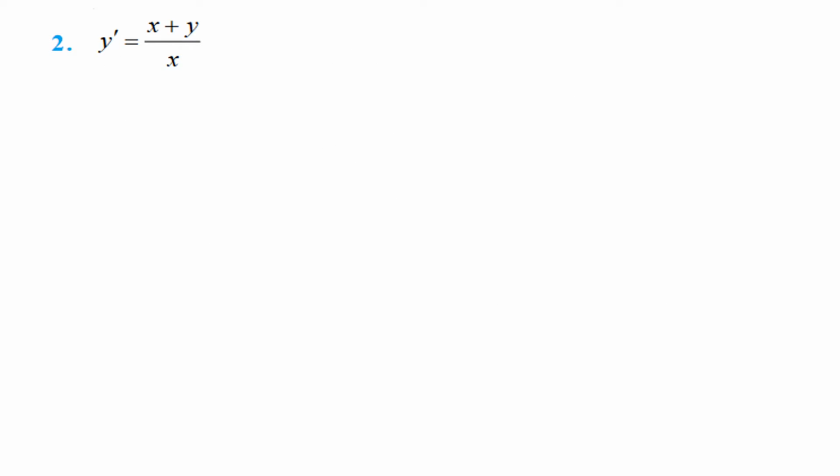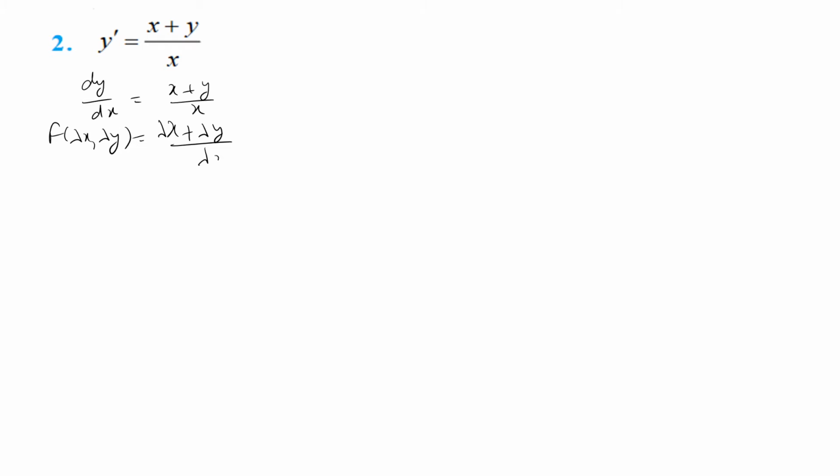Question number 2 says dy by dx is equal to (x plus y) upon x. Now simply, as you can see, this differential equation is of the form dy by dx is equal to f of x y, as you can replace it as f of lambda x, lambda y. So this becomes (lambda x plus lambda y) upon lambda x.